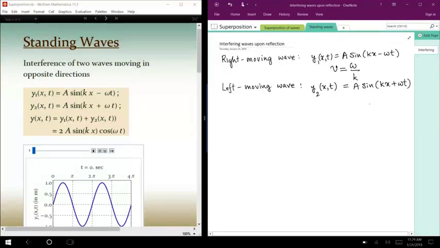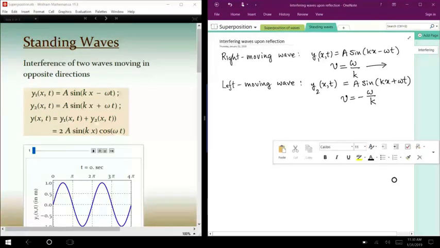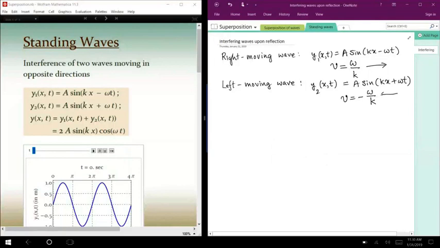Since the phase is kx plus omega t, the wave speed has the same magnitude, omega over k, but there is a negative sign. The additional negative sign tells you that this one is moving to the left, while the other is moving to the right. So if I can draw here, that's the direction of motion for the left moving wave, and this is the direction of motion for the right moving wave.